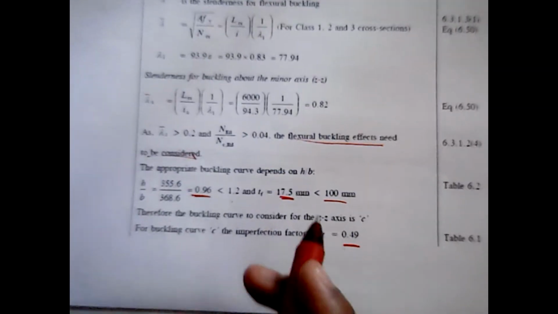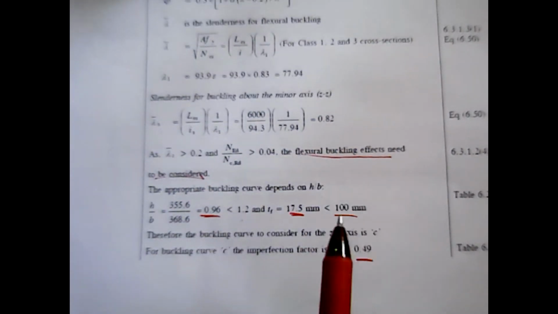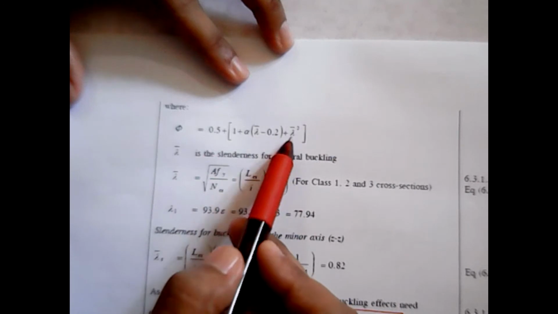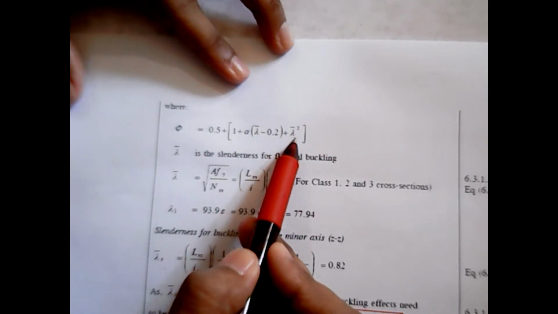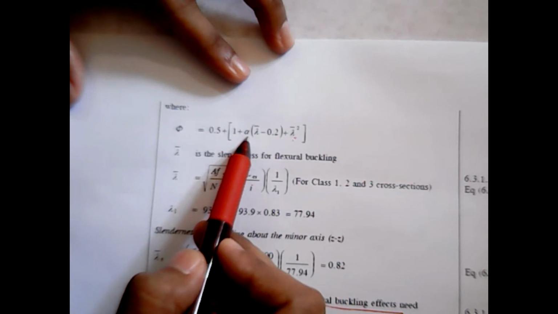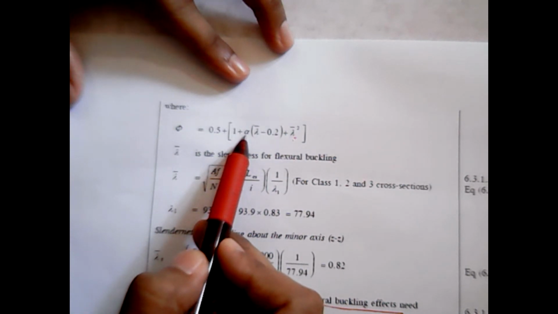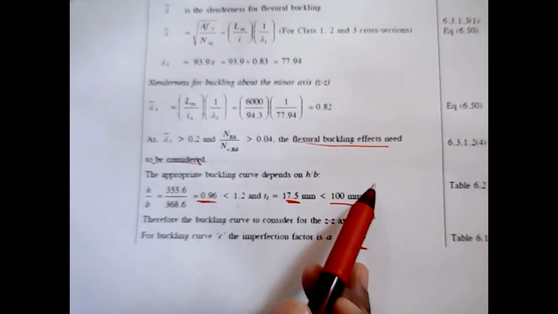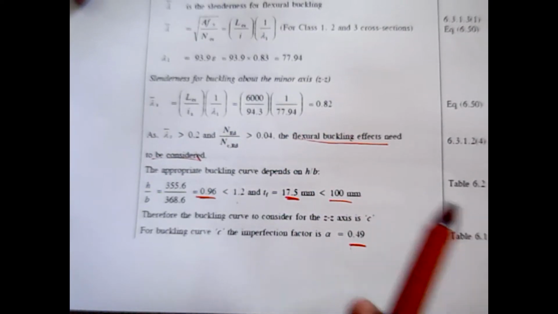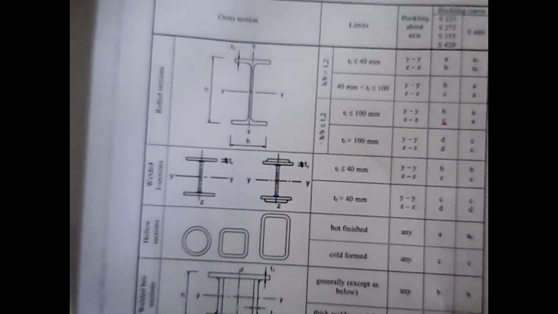Okay, students, now you have determined the lambda value. For you to get the phi value, you need to determine another parameter, which is alpha, what we call the imperfection factor. This imperfection factor relies heavily on the section of your structure.